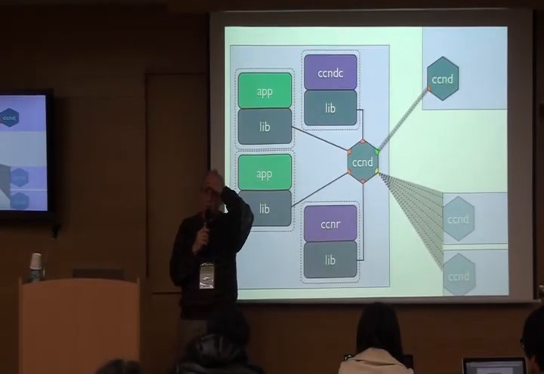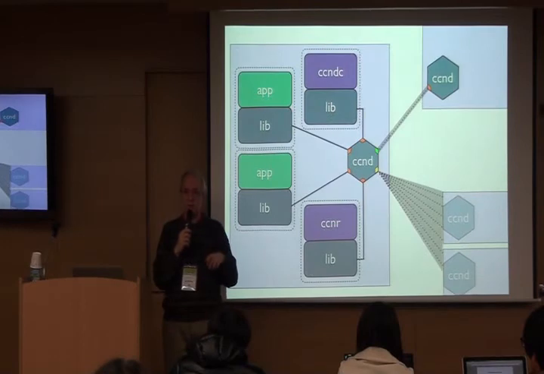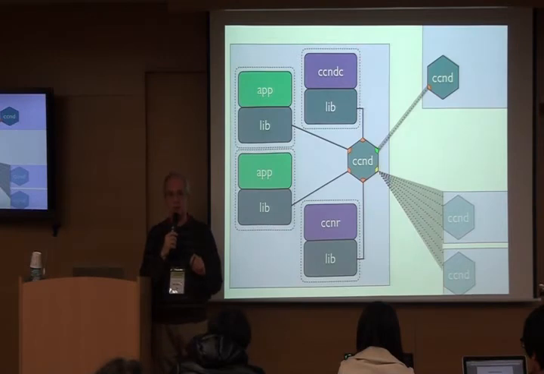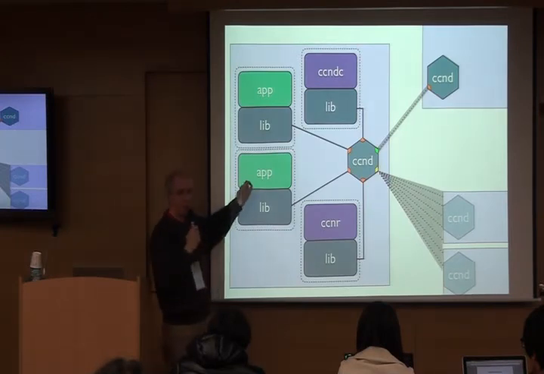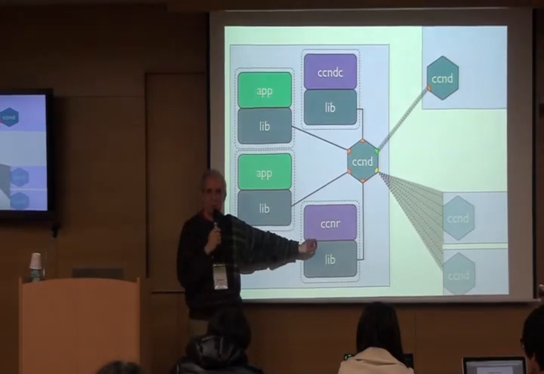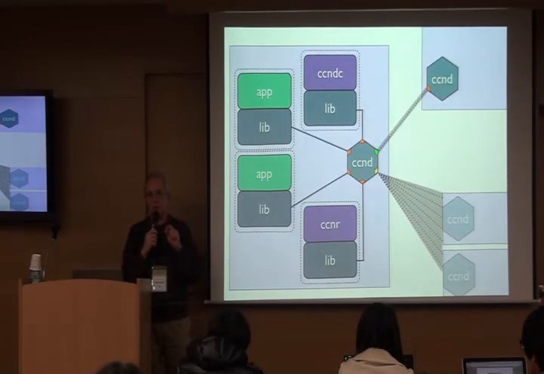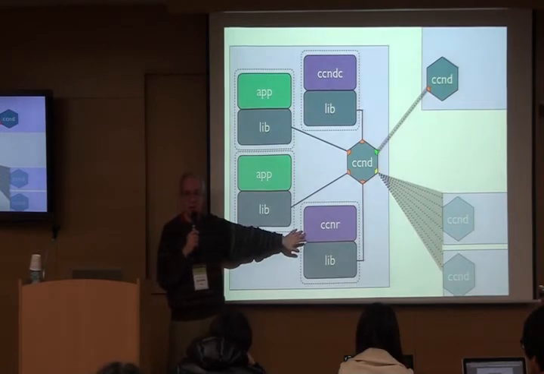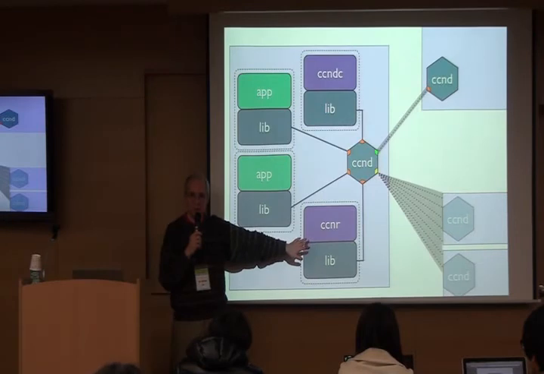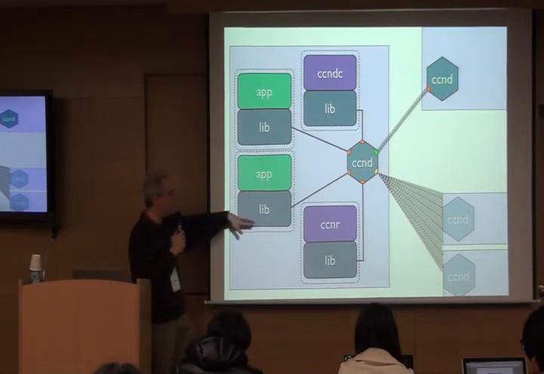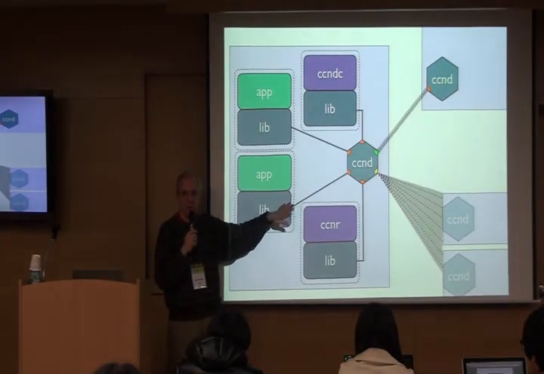So you're getting to a few different issues there, not all of which I'm going to deal with right now. One of the things that we want to do is get to an example later to show you how exactly an application causes data to end up getting to the CCNR in the first place. But to start with the first part of what you were asking, you're absolutely right that what CCNR does is it stores named data packets in wire format, so that it can answer interests that come to it later. And as a result, like we talked about earlier, when the app produces some data, by the time it leaves the process boundary of the app, it's already been packetized.